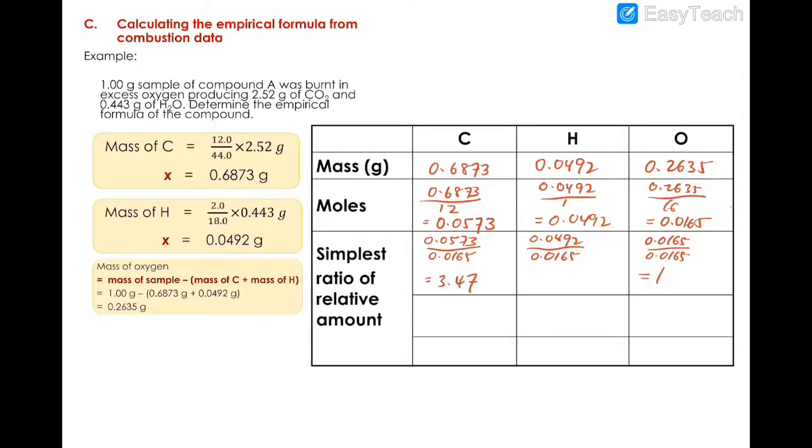And then untuk kita punya hydrogen kamu akan dapat 2.98, tapi this one kita boleh bundakan kepada 3 because dia sangat mendekati whole number 3 tu. Okay, so kita boleh terus bundakan kepada 3, tapi 3.47 kita tak boleh bundakan.